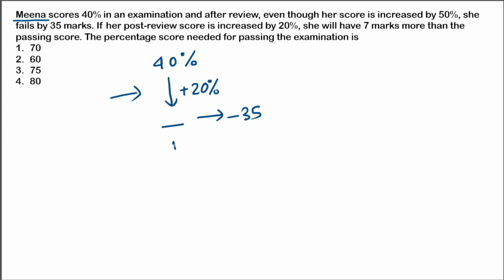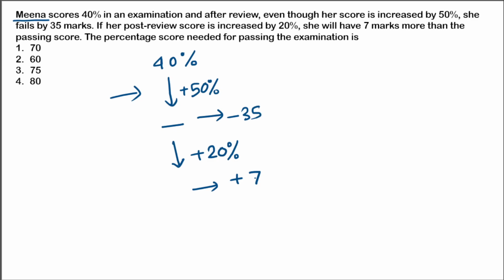But in her post review, sorry, one thing was wrong, this is not 20%, her marks were increased by 50%. And if after re-review her marks again get increased by 20%, then she will pass the exam by 7 marks more than the passing score.